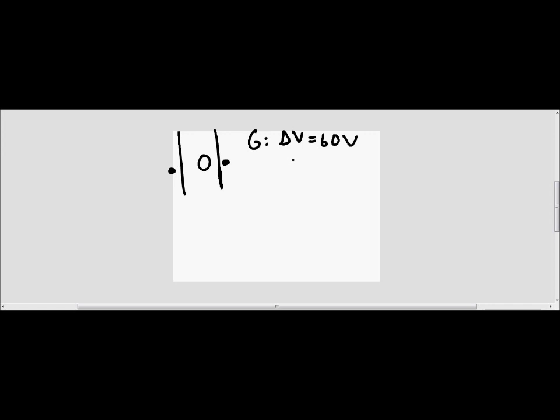The charge, Q, of the mass is 5 times 10 to the negative 9 coulombs, because a nanocoulomb is 1 times 10 to the negative 9 coulombs. And the mass is 1.5 times 10 to the negative 9 kilograms.